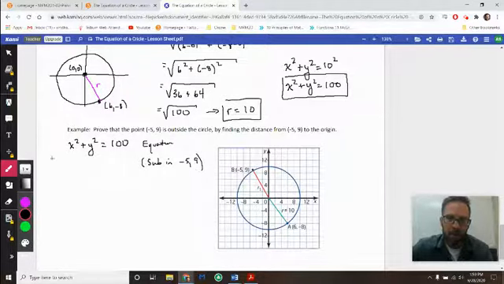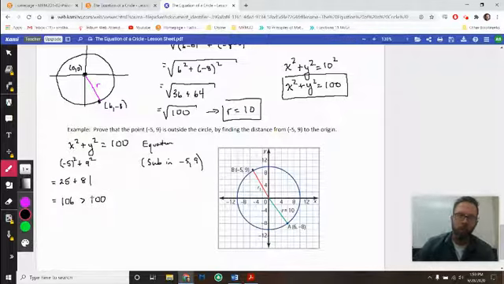Now I want to look, do I get a number bigger than 100, smaller than 100, or equal to 100? So minus 5 squared plus 9 squared. That's 25 plus 81, which is equal to 106. And 106 is greater than 100.